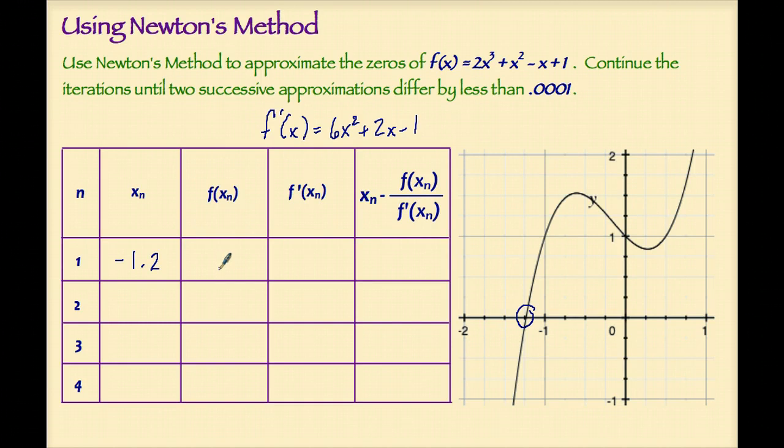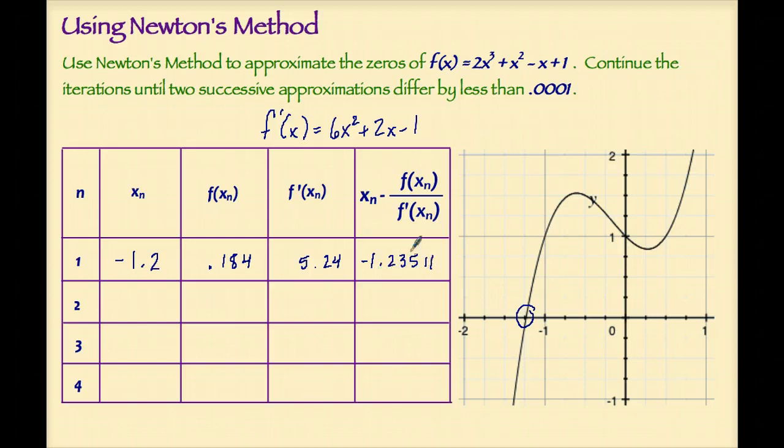Remember to let your calculator do the work in finding these function values and first derivative values. The function value at negative 1.2 is 0.184. The first derivative at negative 1.2 is 5.24. Therefore, my first approximation will be negative 1.2 minus 0.184 over 5.24, and that is negative 1.23511.